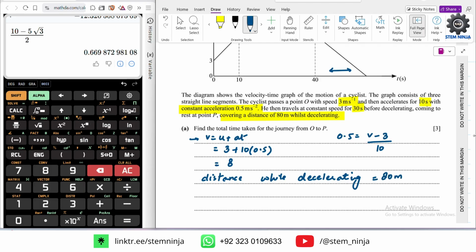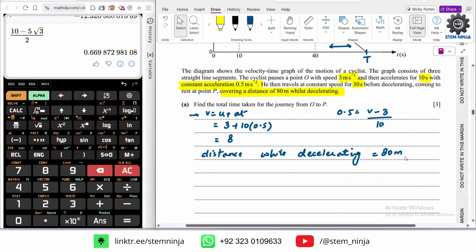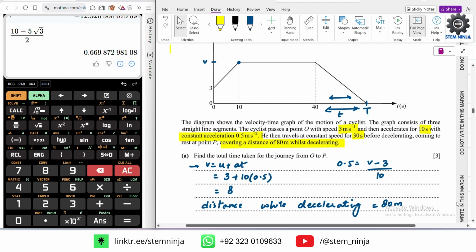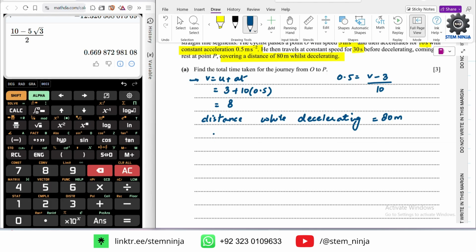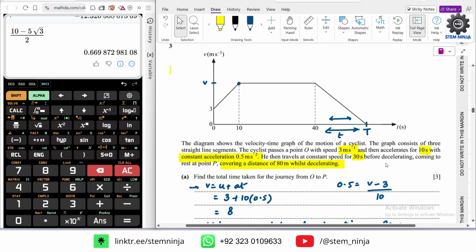So therefore, you see the area under this graph, let's call the time T. So we just need to know the time duration, right? So we have the area under the curve, half times by, we don't need to know the deceleration, right?